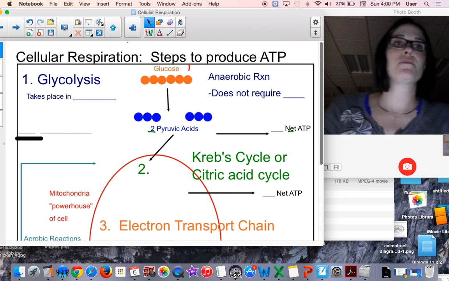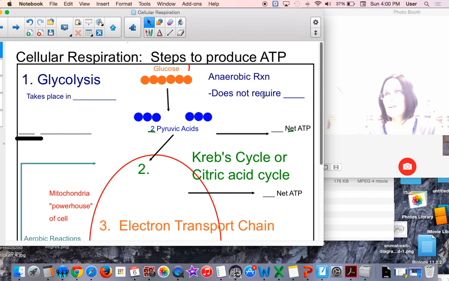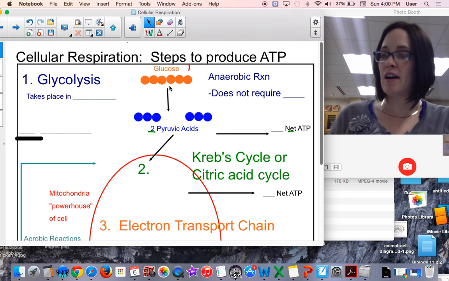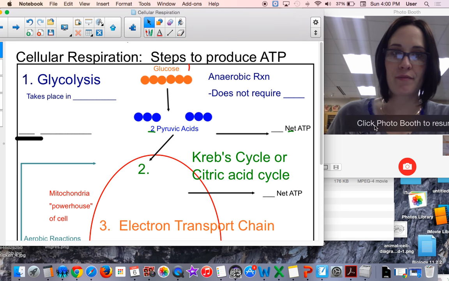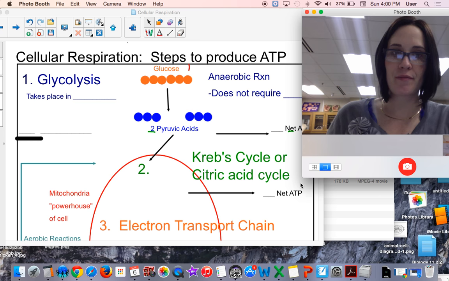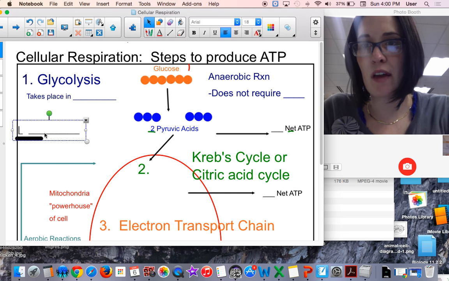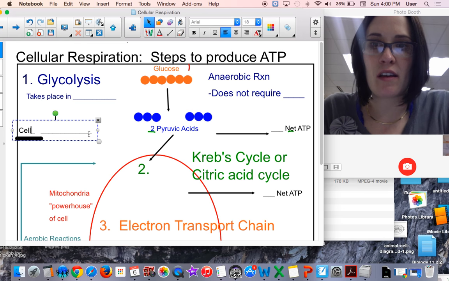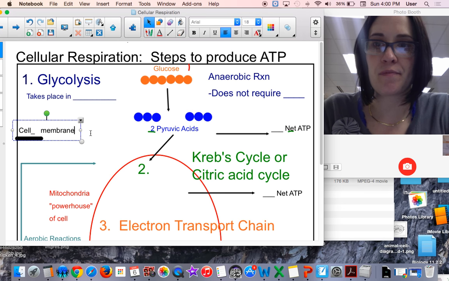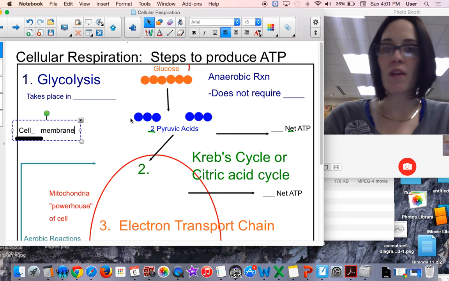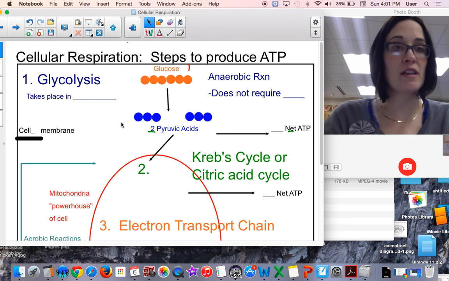All right, come on, lights. All right, so this outer box here, I just put that in. That represents the actual cell membrane, okay, of any cell in your body, okay? So these reactions are taking place within a cell.